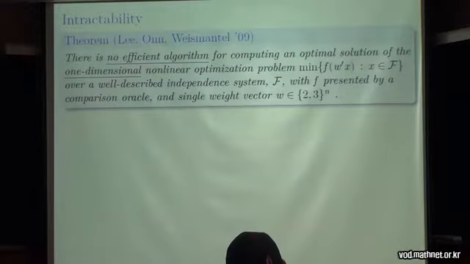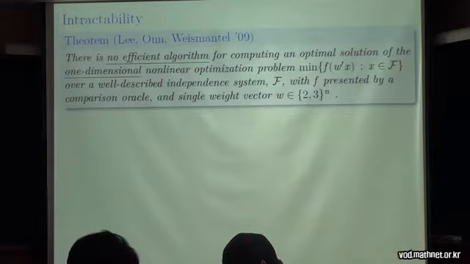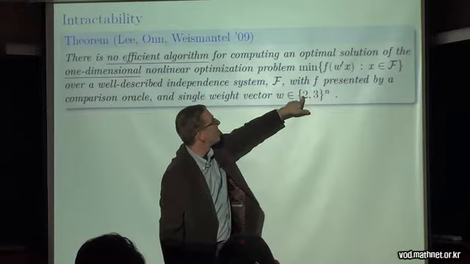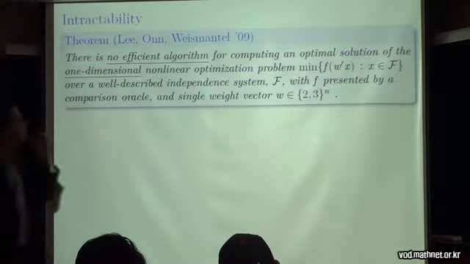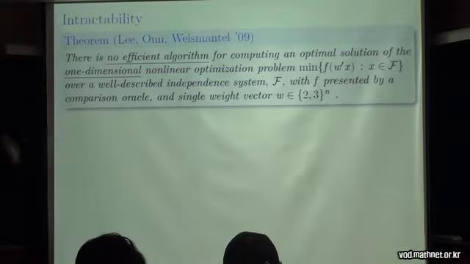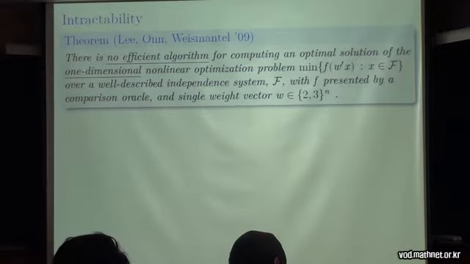So generally, this is still intractable. And so this is a theorem. I won't do the proof of it, but it's interesting to point out. Even if W has one row, even if the numbers in W aren't big, in fact they're just 2s and 3s, if little f is given by a comparison oracle, so it only has the power to say, if you give me 2 points in the domain of f, which has a bigger value under little f.